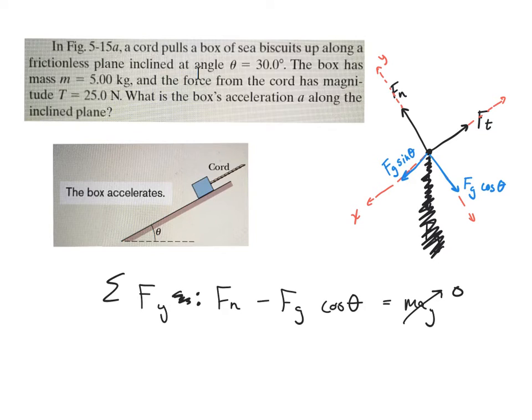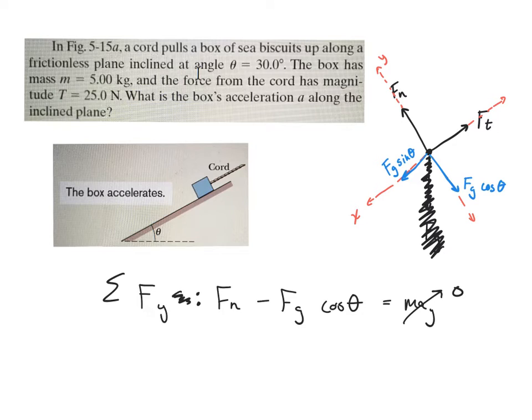Again, why does ay go to 0 in this problem like the last one? Why did ay go to 0, Chip? It's not coming off the ramp. Ramp, very good. It is not levitating off the ramp. The rope or the cord is pulling it up the ramp, not off the ramp.